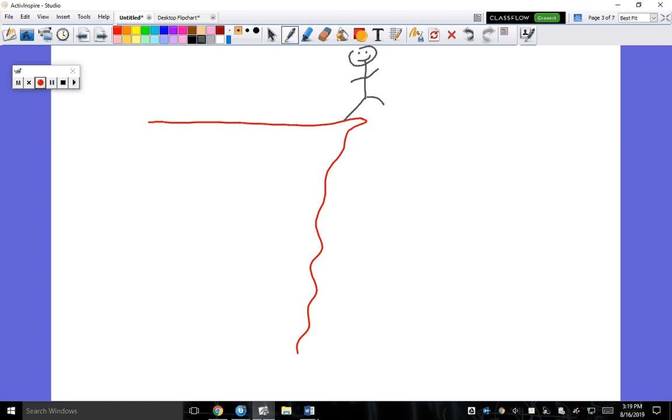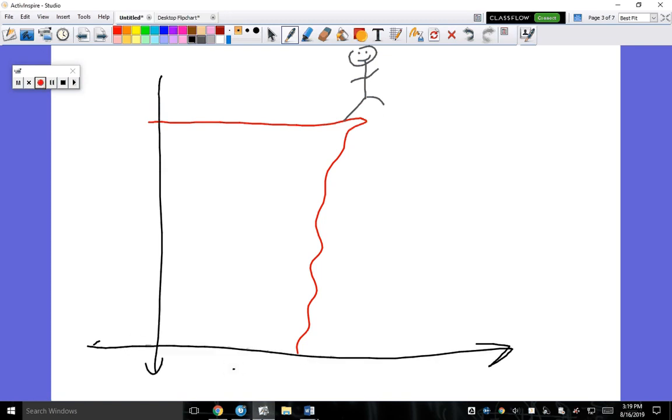right here. Okay? And we're going to put him on a cliff. And the cliff, let's say, is 5,000 feet high. Okay? And the function, let's say, is right here. And we are going to approach, let's say, C. It's just any x value, okay?